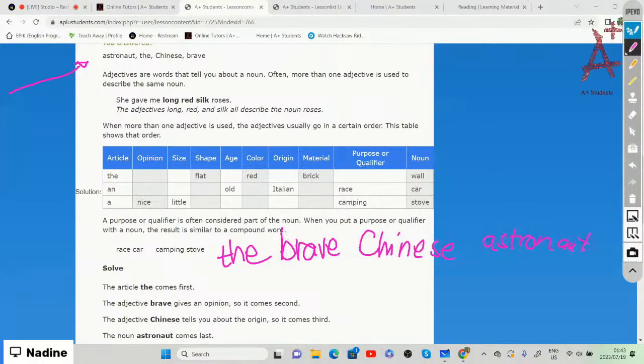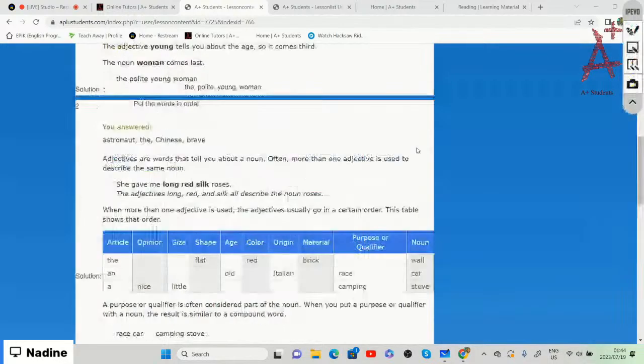So that is the order, meaning the, being the article, comes first. Then brave gives us an opinion. Chinese is an origin, and then astronaut, which comes last, is our noun. So the brave Chinese astronaut. And this is an order in which we can write our adjectives down.